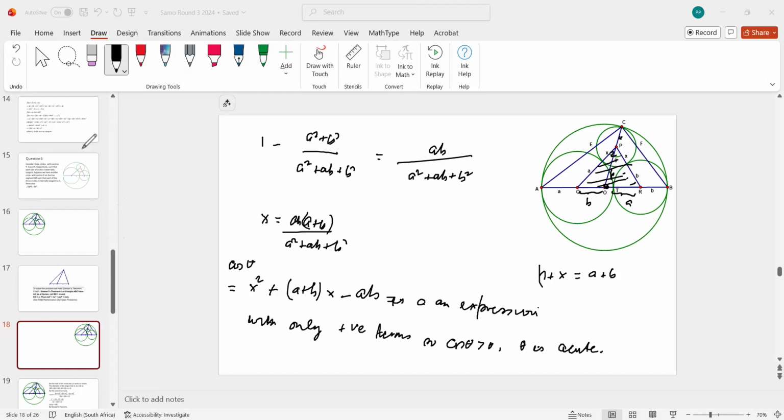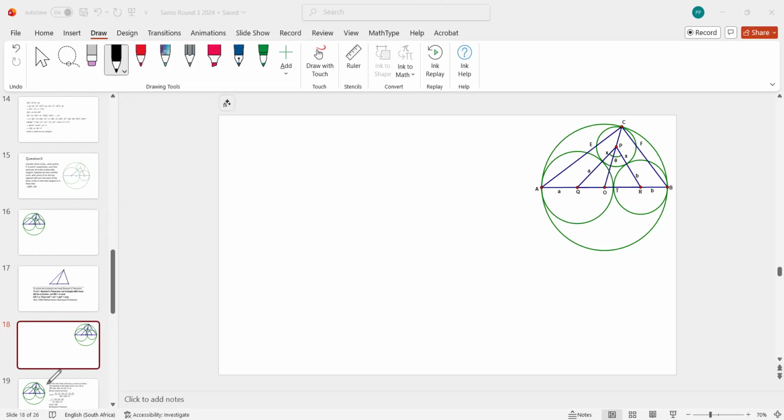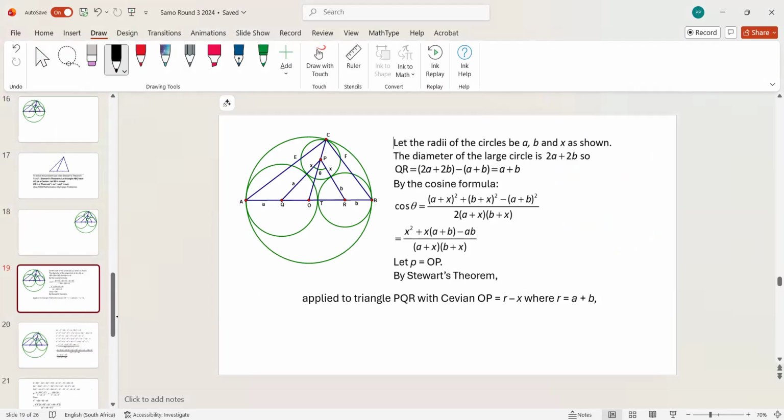This is question 5. And we now come to the very last question. But before that, let me just show you what the answers were. I missed out a lot of calculations here, I think. Maybe I did. Okay, this is the first part where I needed to get cosine theta.